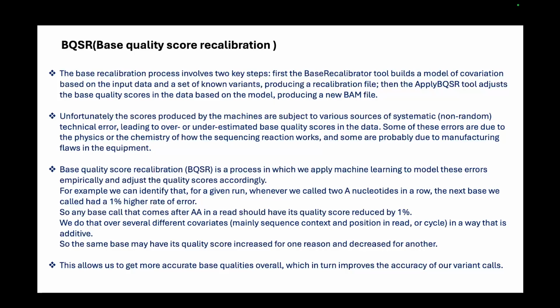If that base quality score is not properly calibrated, you will get inflated or deflated confidence on a particular variant around that region from the variant caller. So it is advisable to use BQSR before doing variant calls, so that your quality scores are corrected and you can have a better representation of the variants.